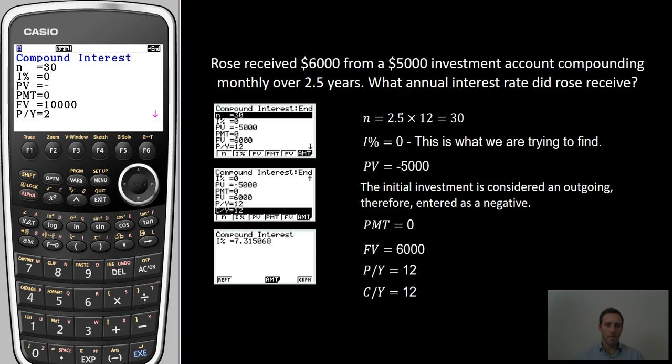PV is negative, or the present value is negative 5,000. PMT stays at 0. The future value is $6,000. And we're compounding monthly this time, so we enter 12 into P/Y and C/Y. This time we press F2 to find the interest rate, and we get the interest rate will be approximately 7.32% per annum.